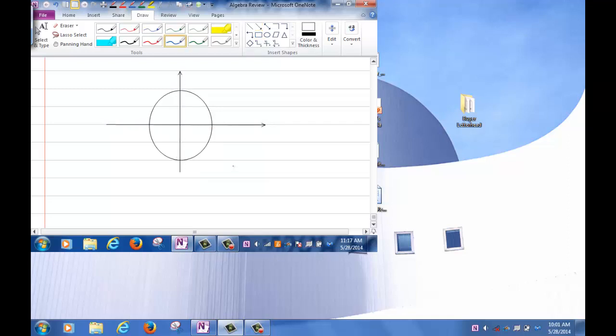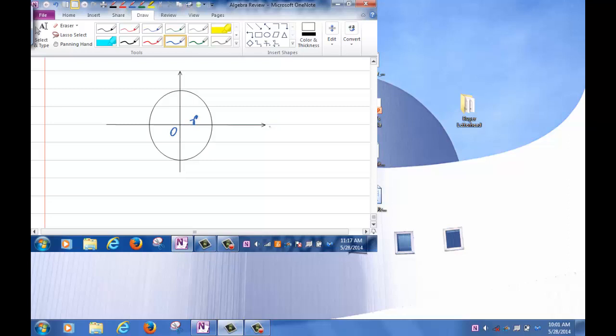Let's say this is a circle centered at the origin, okay? The center is at the origin, and let's say the radius is r. So this is a circle of radius r centered at the origin.